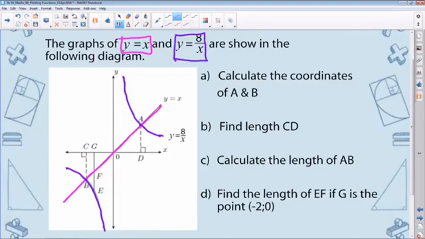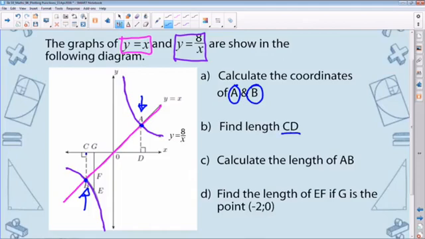Now, in the question, we are asked to calculate the coordinates of A and B. So if we look over here, there is A and there is B. I don't want to give you too many clues, but just take a look at what's happening at those points. Anyway, the next part says, find the length of CD.